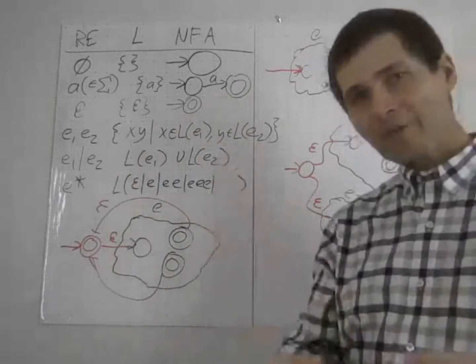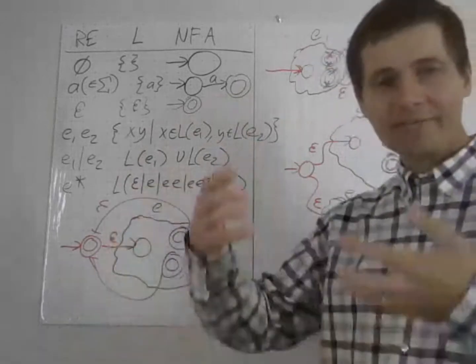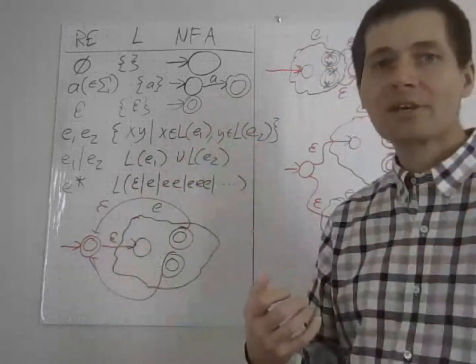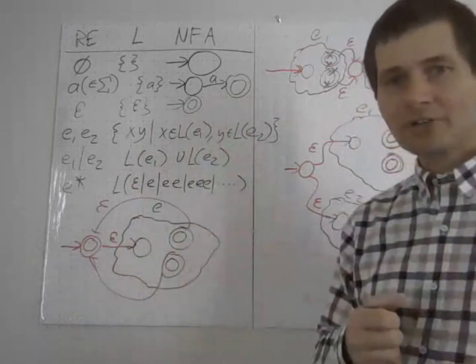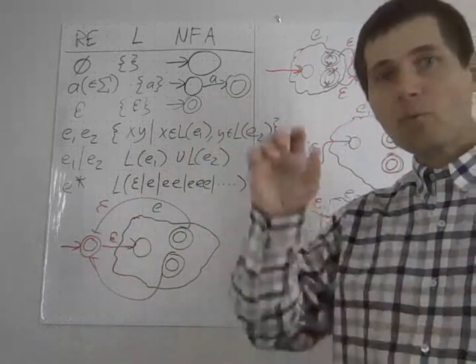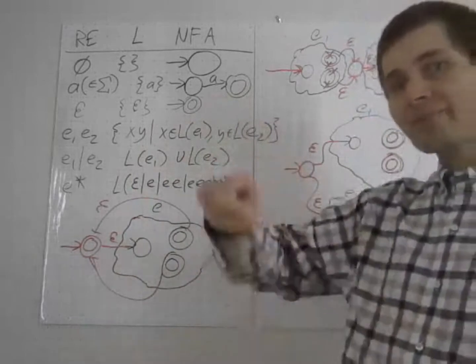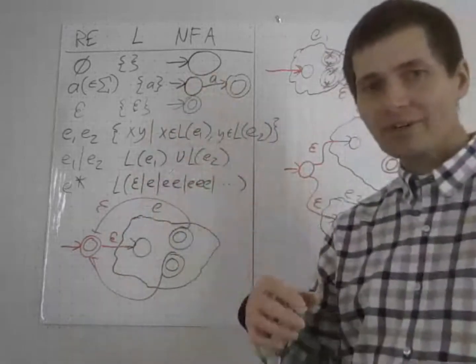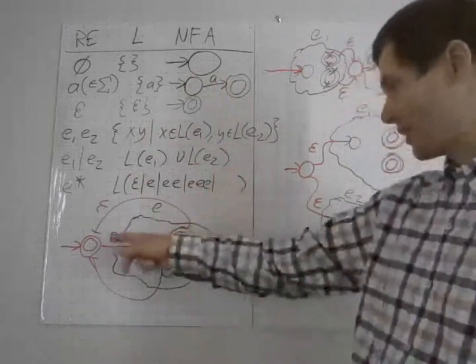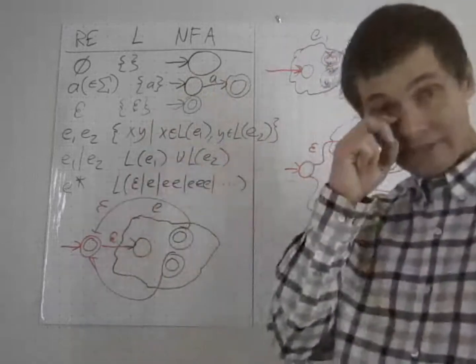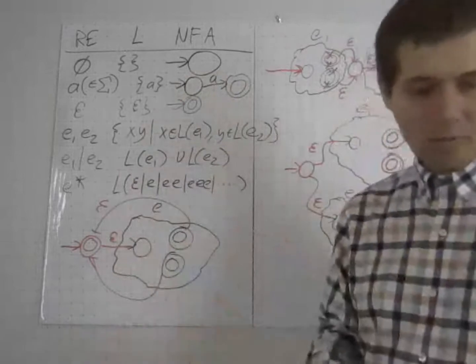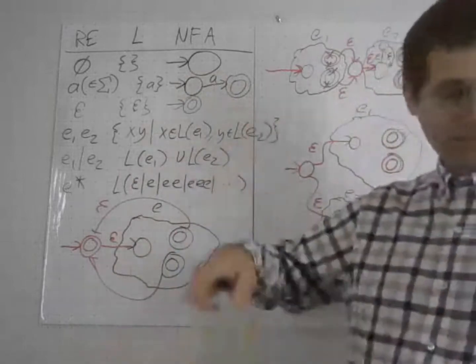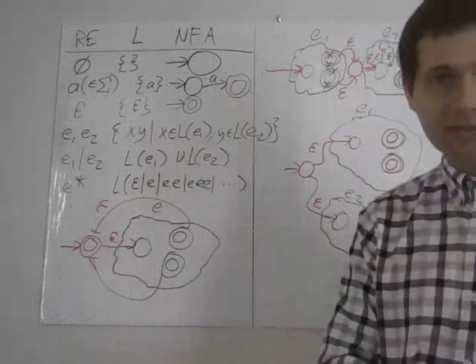And you might worry about efficiency, like if I create new states, but that's actually not an issue because when I turn the NFA into a DFA, those extra states are going to go away. If I've got lots of extra states with epsilon transitions, those will go away during the conversion from an NFA to a DFA.